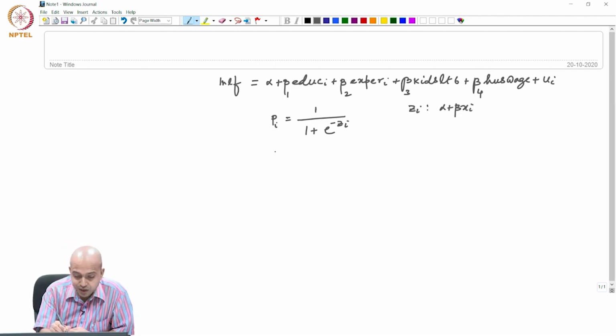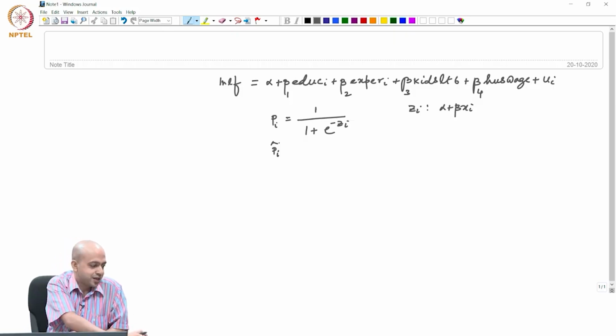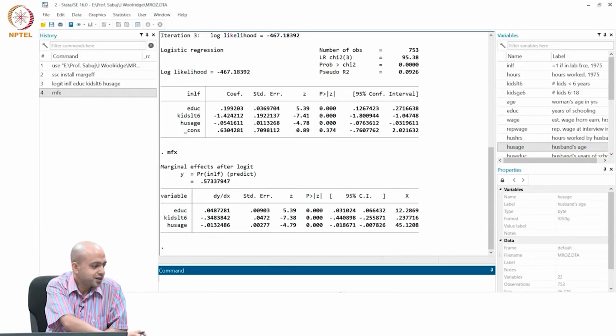Once you estimate the model, you must immediately calculate the pi hat. The change in probability is from this particular base point, which is pi hat, and you have to remember that Stata is using this pi hat as 0.5733.